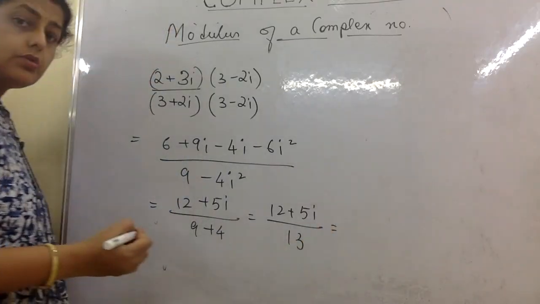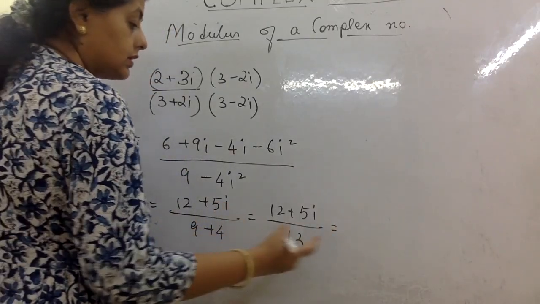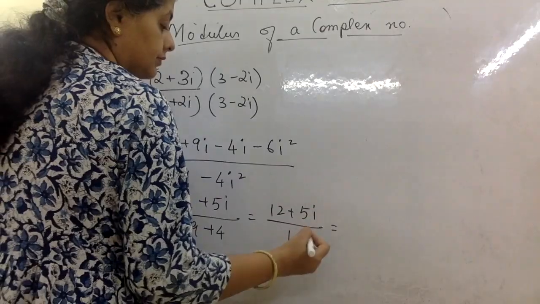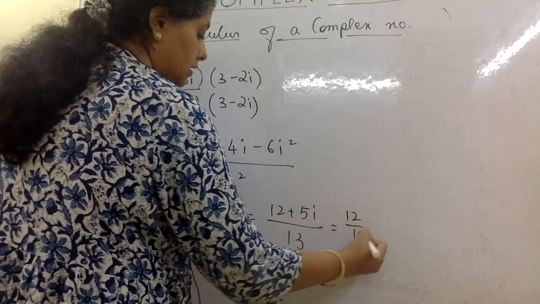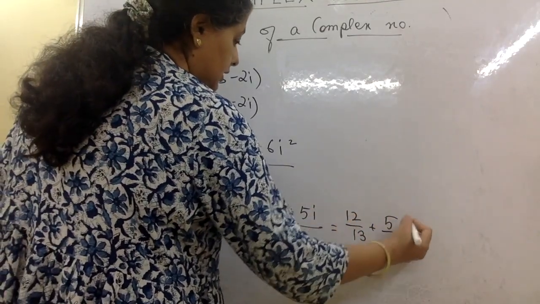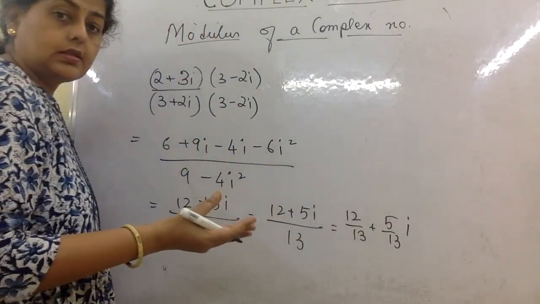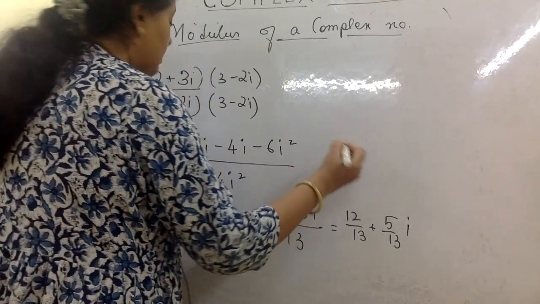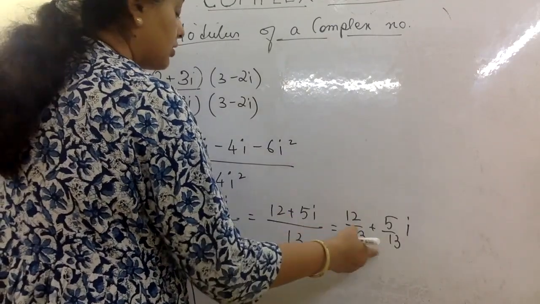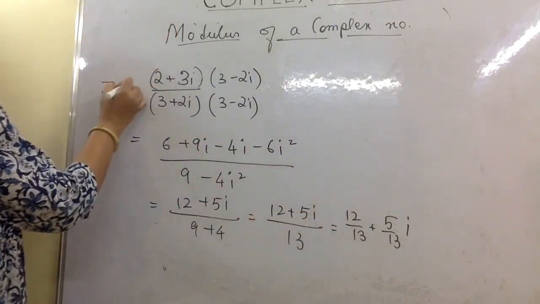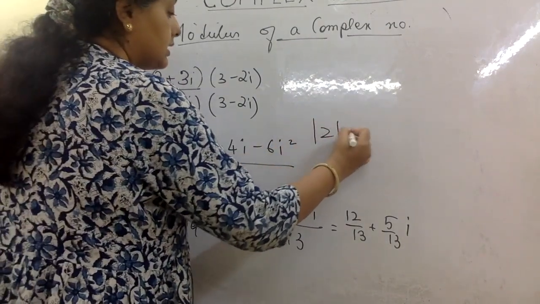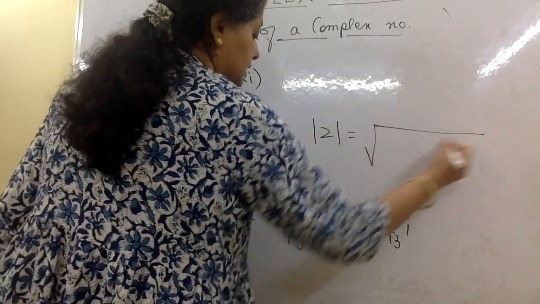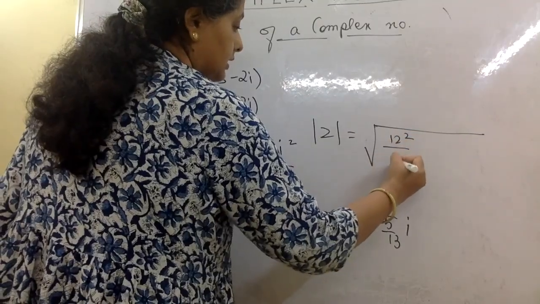Okay. So how much do I get now? This is 12 by 13 plus 5 by 13i. Now this is my complex number. I still have not found the modulus. If I take this as z, then mod z is equal to 12 square by 13 square.